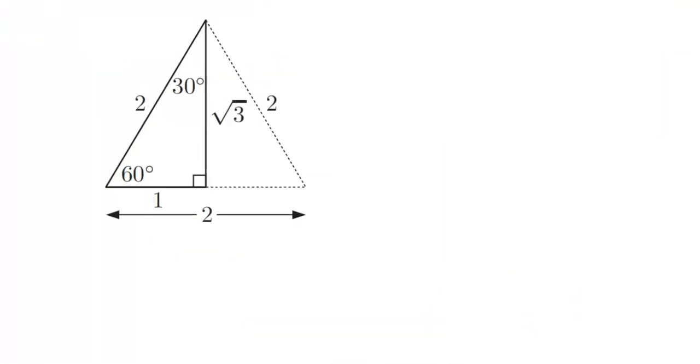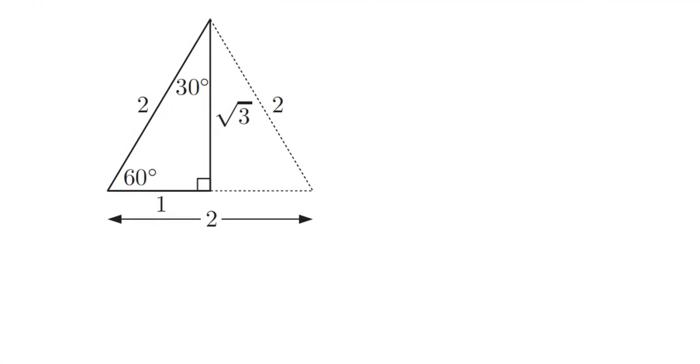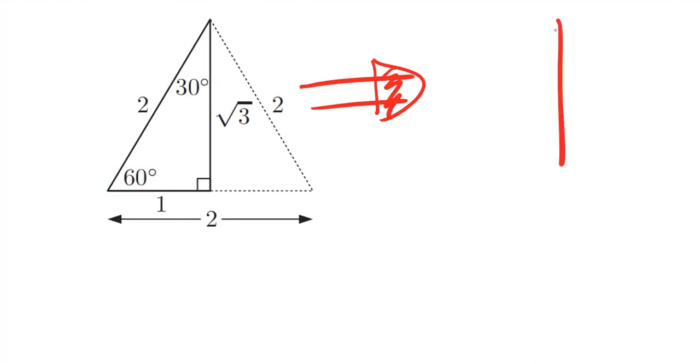The other special triangle we can approach in exactly the same way. So this is the triangle that you wrote down and know. Well, I want to use it in a context that is useful for the unit circle. So rather than having a hypotenuse of 2, just like last time, I want to have a hypotenuse of 1, which means I can keep this the same. And let's convert again into radians.